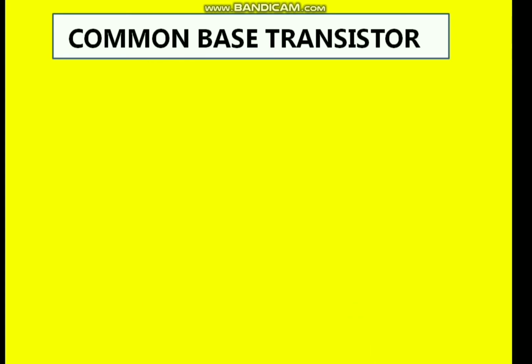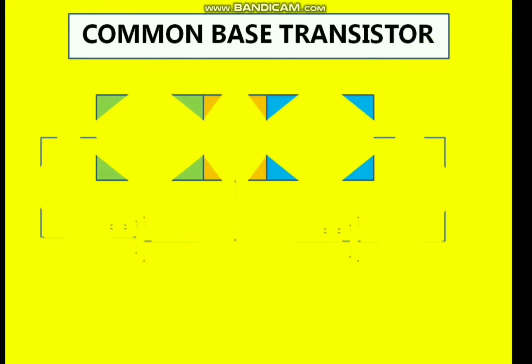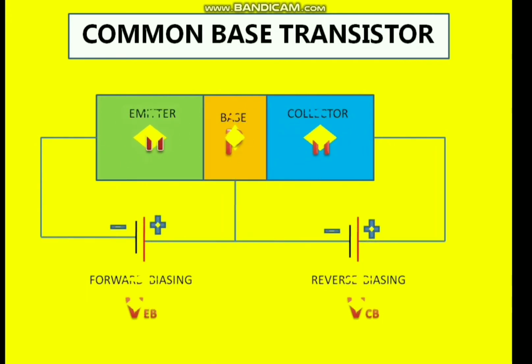When I say voltage should be low, it means the current should be more. When the current is more, definitely the resistance will be less, so that maximum carriers will get the energy and they will cross the barrier and reach the collector.